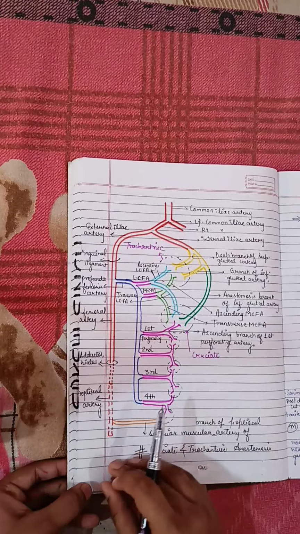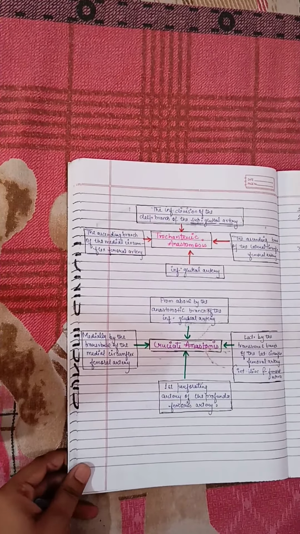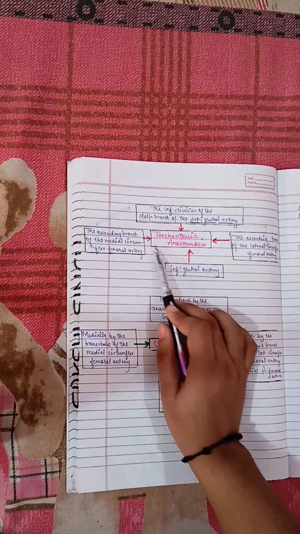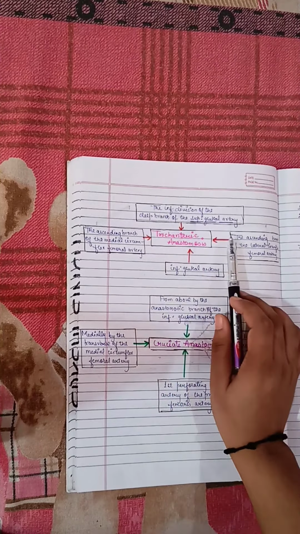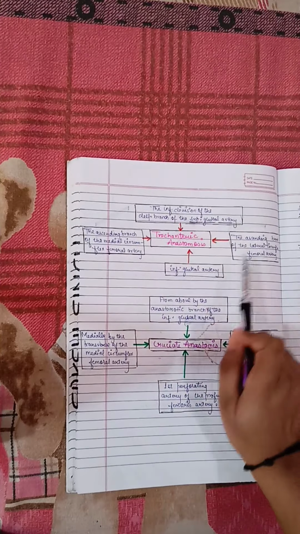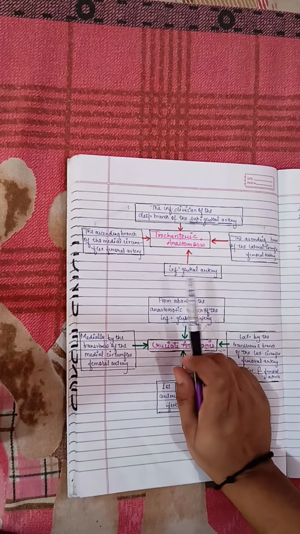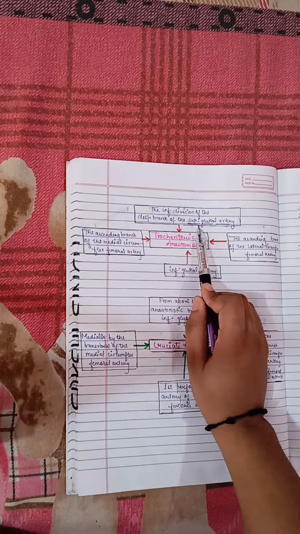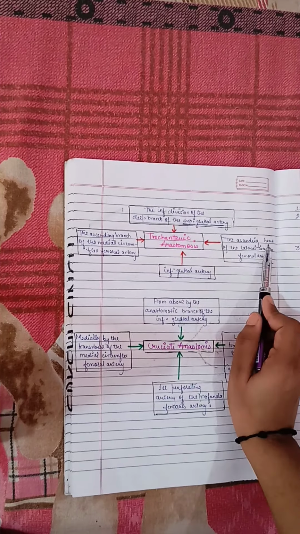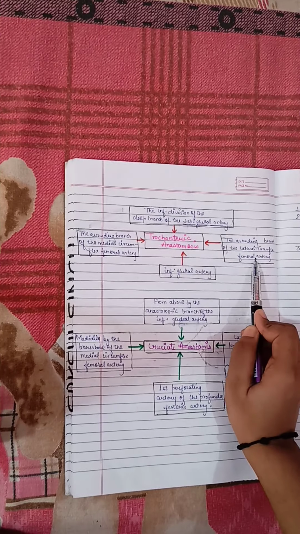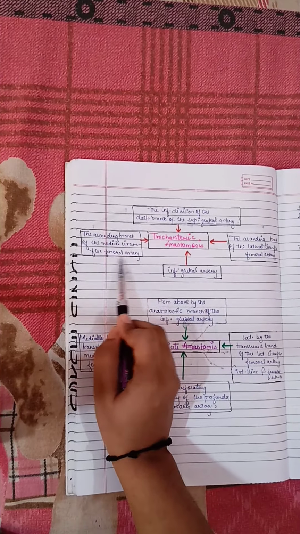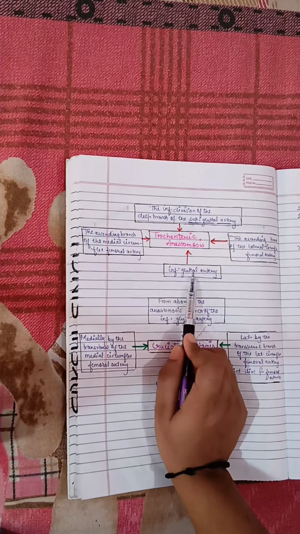Now we see its flowcharts, that is the trochanteric anastomosis. This one has four arteries we studied. The first one is the inferior division of the deep branch of the superior gluteal artery, the ascending branch of the lateral circumflex of the femoral artery, the ascending branch of the medial circumflex of the femoral artery, and the inferior gluteal artery.